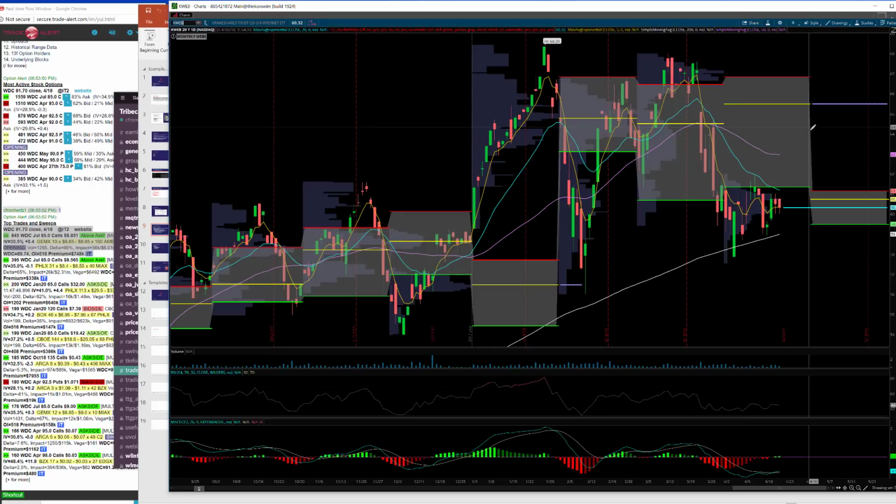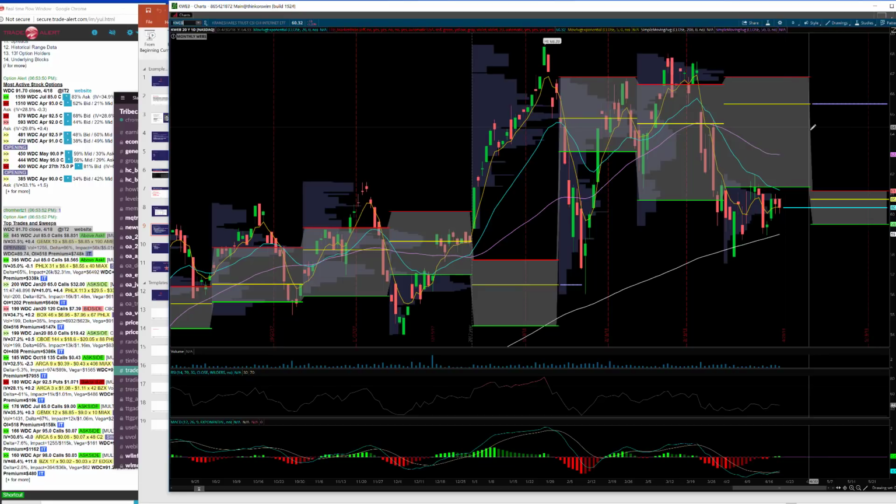Right. So not only do you have to get the direction right, which is hard enough, we know that, but you've got to get the time right as well. So in my opinion, if you're going to play with the short-term options, if you're going to put on a May option trade, you might as well just leave it on to expiration, because a lot of times the stock will come back.